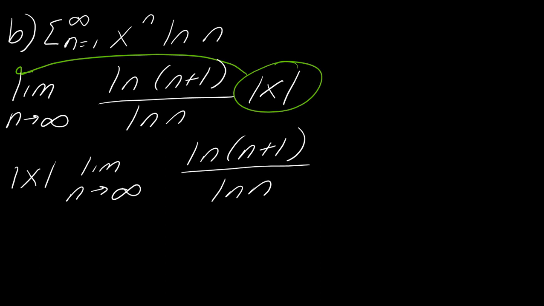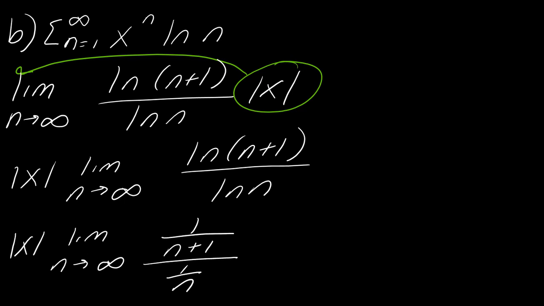And now what I notice is that as n goes to infinity, this gives me infinity over infinity, so we can use our old pal L'Hopital's rule. So I take the derivative of the top and the bottom, so I can rewrite this then as n over n plus 1.